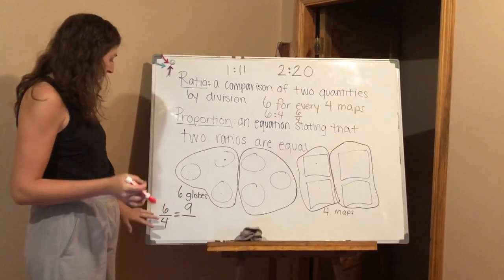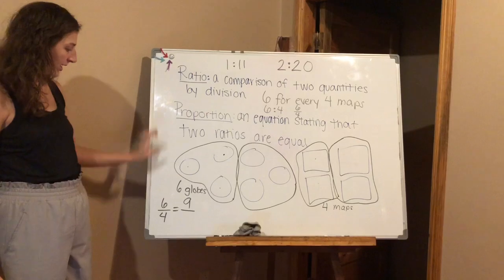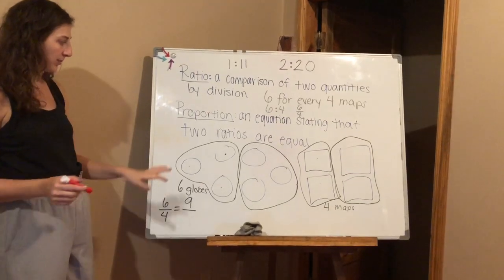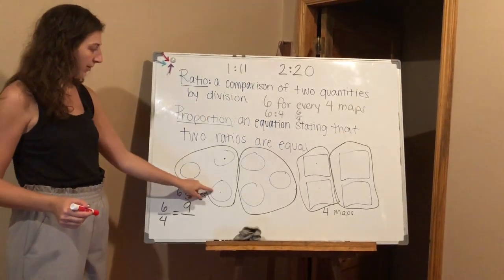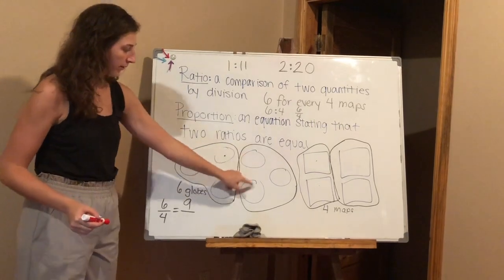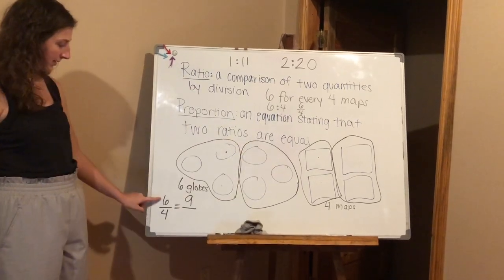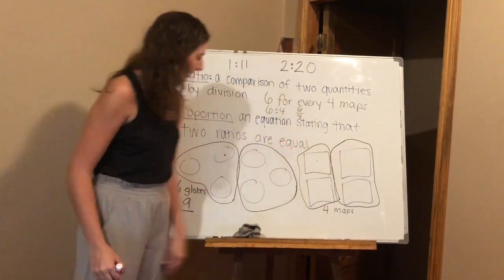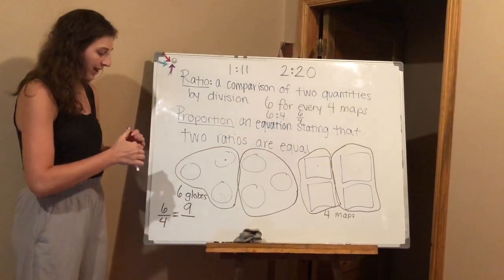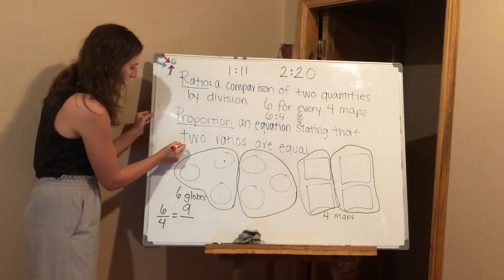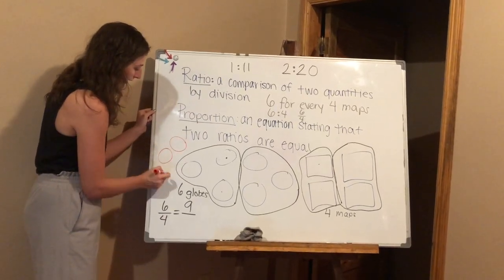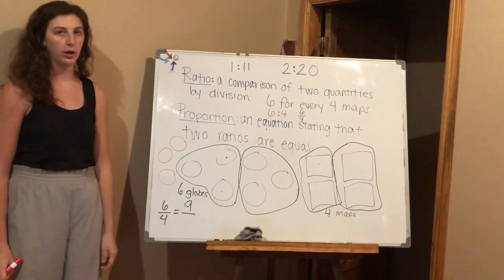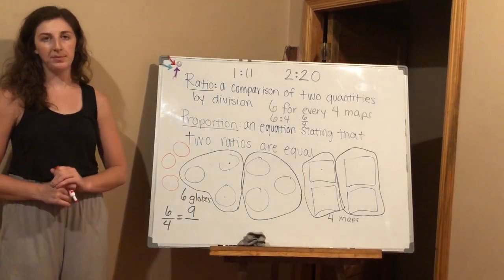So now that we have seen what a proportion is, we're going to do a little practice problem. If right now I have 1, 2, 3, 4, 5, 6 globes, and we have 1, 2, 3, 4 maps, what if I told you that we got 3 more globes? How many more maps would we need?